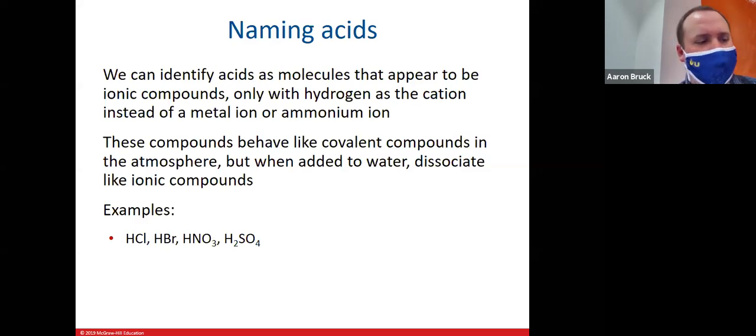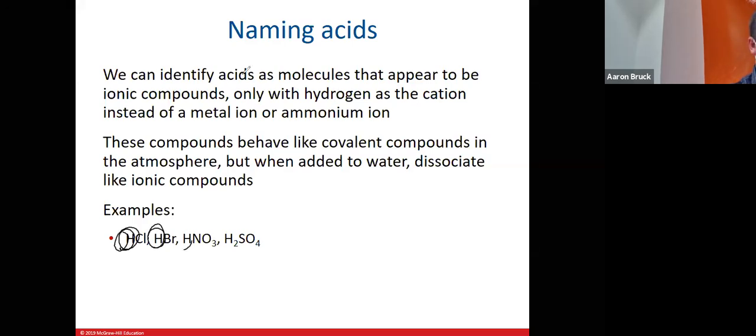So our telltale sign for an acid is the recognition of hydrogen at the front of the molecule. If we see something that starts with hydrogen as a compound, then you can bet we're talking about an acid. So that's how we recognize them.